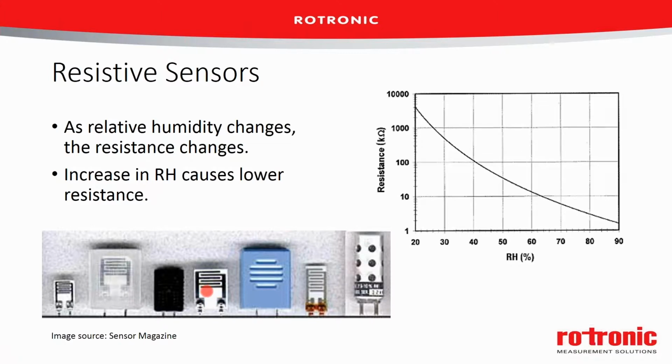The substrate might be coated with salt or some other conductive polymer. As the relative humidity increases, the resistance decreases. We measure that resistance with electronics, and we have a formula for conversion from the resistance to the relative humidity. That's essentially how they work.